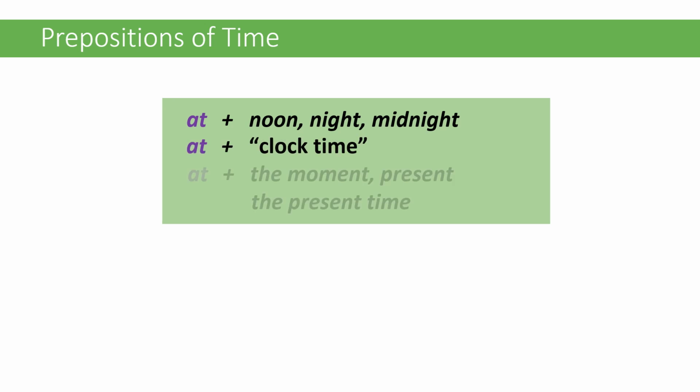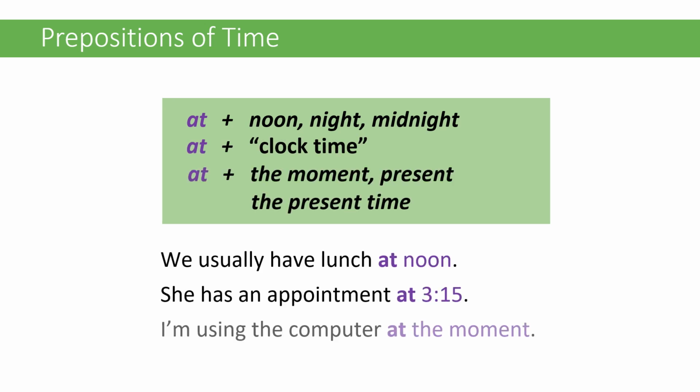We use at with some specific expressions. So we use at with noon, night, midnight, a specific time on the clock, and with the moment and present time. We usually have lunch at noon. She has an appointment at 3:15.